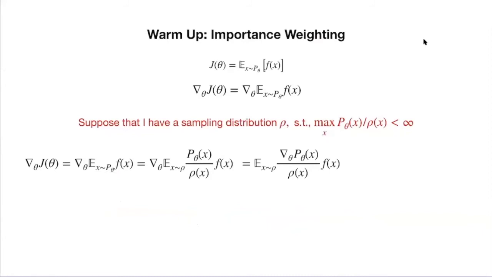This is a fixed sampling distribution for now. Think about rho as a uniform distribution for now. I just push the gradient inside the expectation, and this is the only term in these three terms where I need to compute the gradient, because this is the only term that depends on theta.